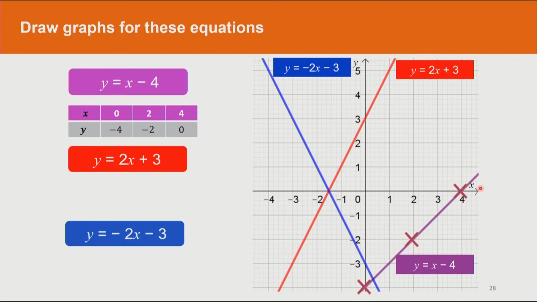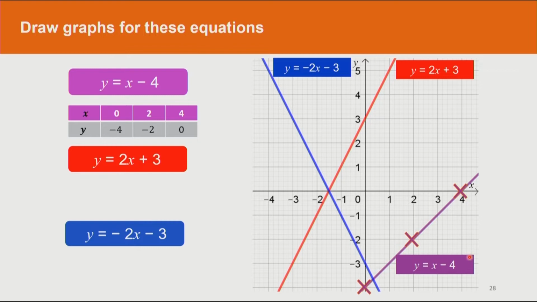We have 0, negative 4, which is here. Then we have 2, negative 2 here. Then we have 4, 0 there. Then you need to take your ruler and join all those points. So that is the line of y equals to x minus 4.